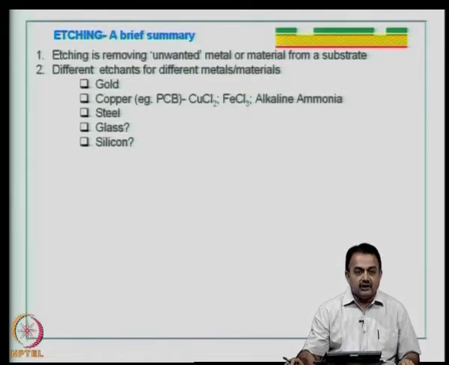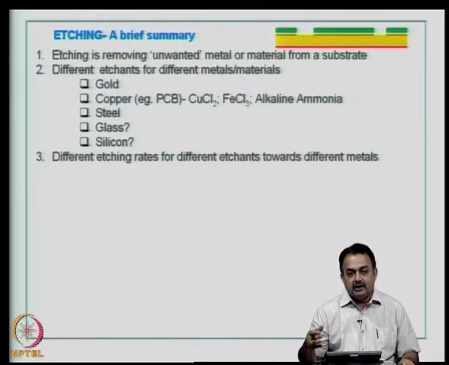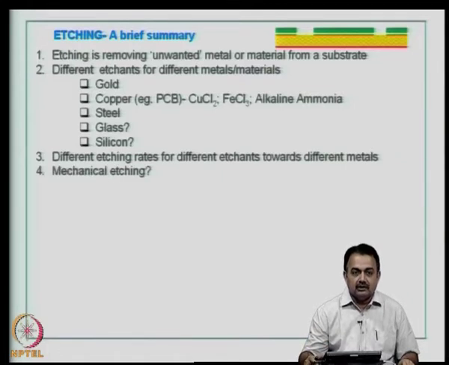You have different etchants for silicon in semiconductor manufacturing, where typically potassium hydroxide is used, and different etching rates for different etchants towards different materials. So, constant agitation, continuous air supply, time and temperature are the key factors for a good etching process.